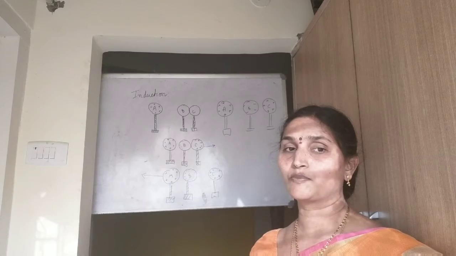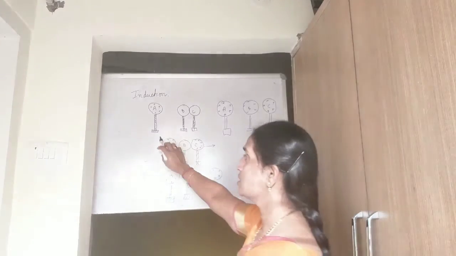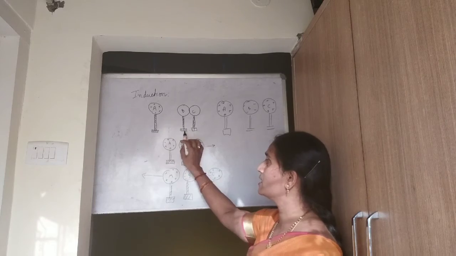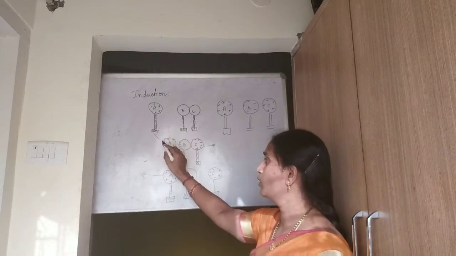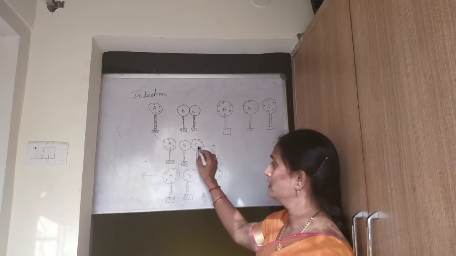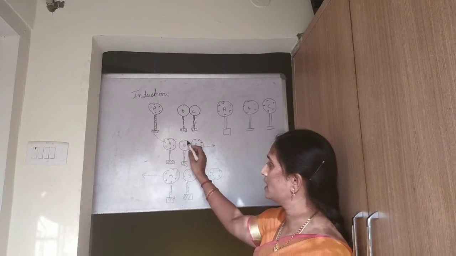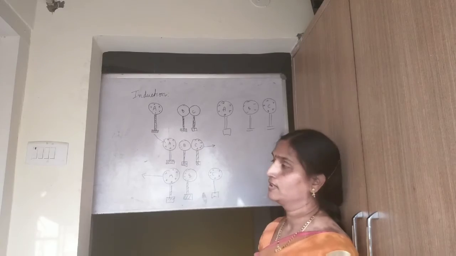Okay, once again I'm repeating the steps of induction. Just look at the steps. First we started with a body A which is positively charged. B and C are in contact with each other. Step 1, bring A very close to B and C. The free electrons of this metal will move towards the positive charge. So B gets negatively charged on this side and C gets positively charged.